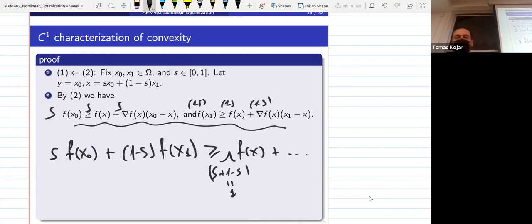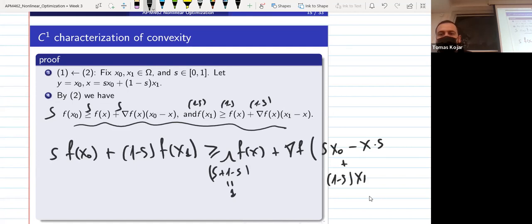And then the stuff over here would be the gradient of f times s times x naught minus x, plus 1 minus s times x1 minus x.